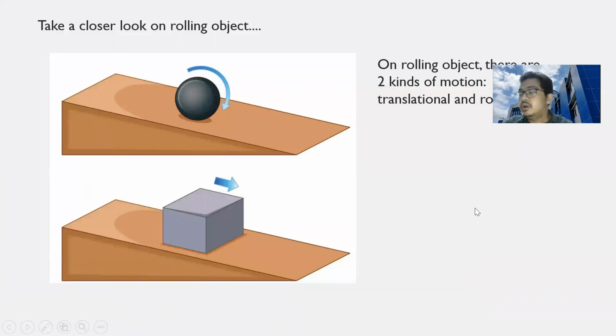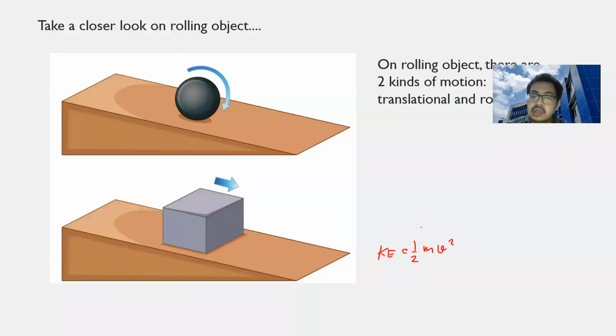In the discussion before about kinetic energy, we already know that the kinetic energy of an object is equal to half times its mass times the square of its velocity.